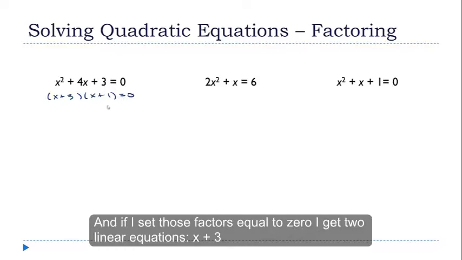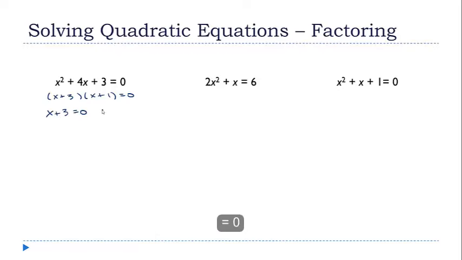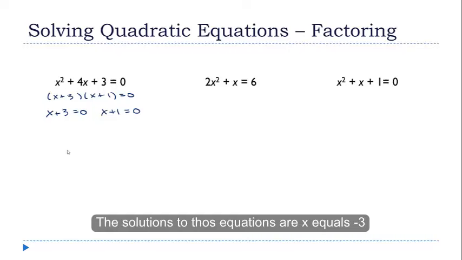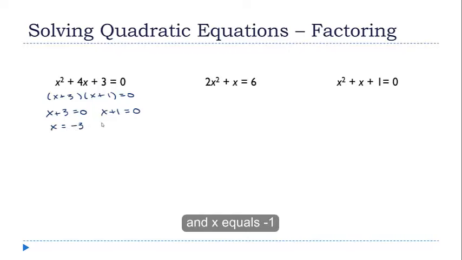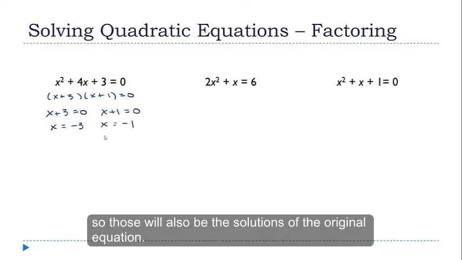And if I set those factors equal to 0, I get two linear equations. x plus 3 equals 0, and x plus 1 equals 0. The solutions to those equations are x equals negative 3 and x equals negative 1. So those will also be the solutions of the original equation.